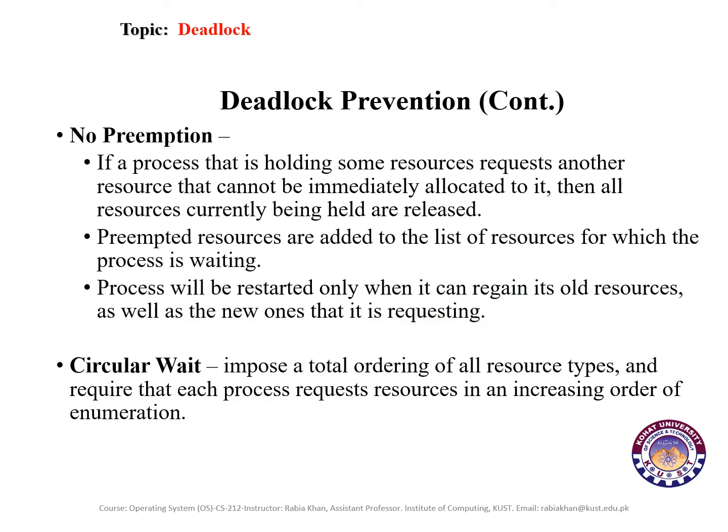The third condition is no preemption. No preemption states that no resource can be taken away from a process forcefully or without its consent. Now, how can this be prevented?